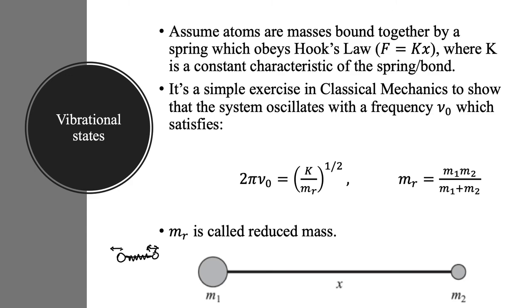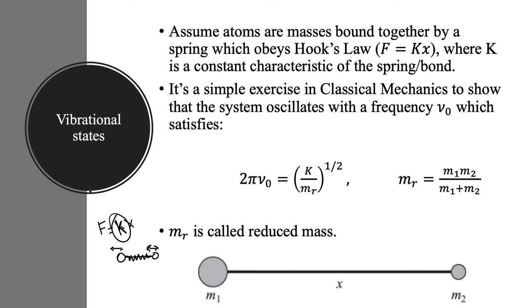And you could compute, if indeed there was this spring, and you assume that the spring obeys the laws of springs, that the force between these two is proportional to the displacement, and k is a constant that is characteristic of the stiffness of the spring.